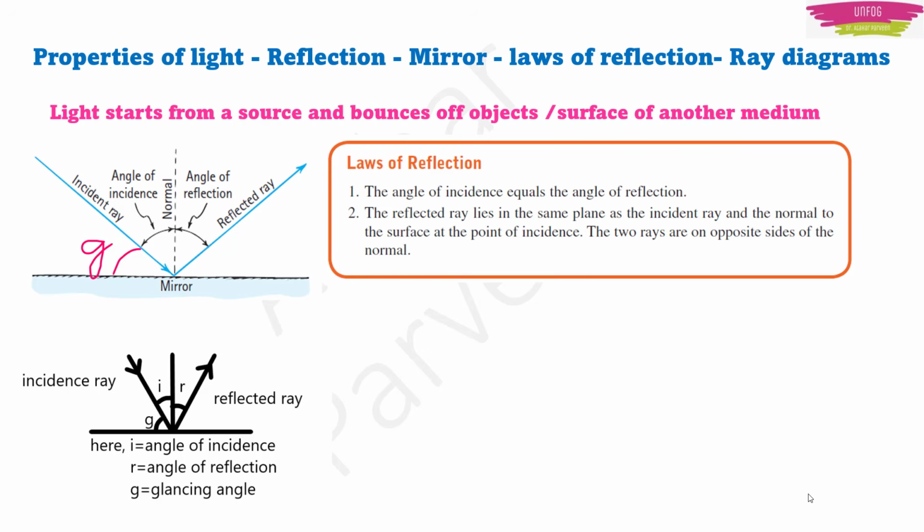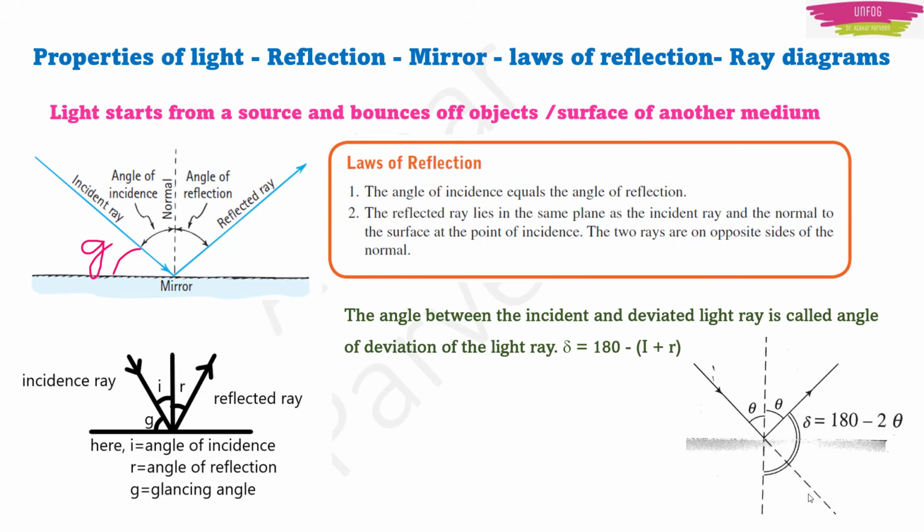After knowing the angle of incidence, angle of reflection and glancing angle, we should also know what we call the angle of deviation. Angle of deviation is the angle between the incident ray and the reflected ray, or the incident ray and the deviated ray. We denote the angle of deviation by the Greek letter delta, and it is equal to 180 minus the angle of incidence plus the angle of reflection.